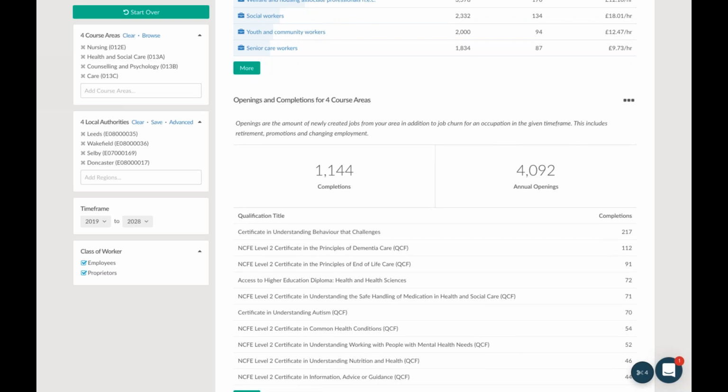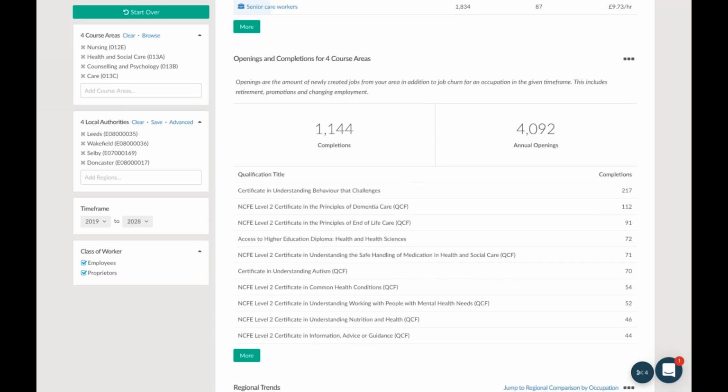What we do then is give this more context. In that first report, the curriculum overview report, it's hard to clearly link that to your college and your curriculum, whereas in this section, all your completion data is listed, which we've mapped to these four areas of nursing and care.